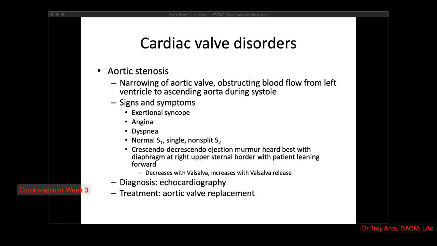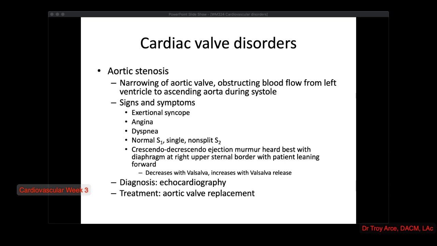So in sequence, each heartbeat begins at S1. These are the first heart sound, and the second heart sound, S2, is produced by the closing of the AV valves and semilunar valves. So that's what that means.